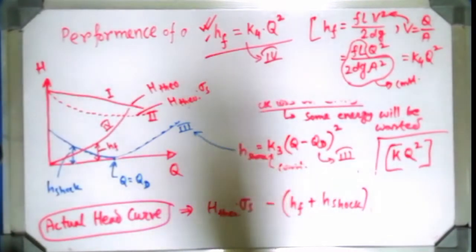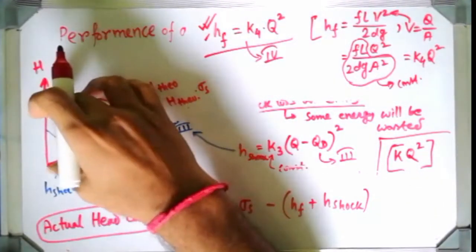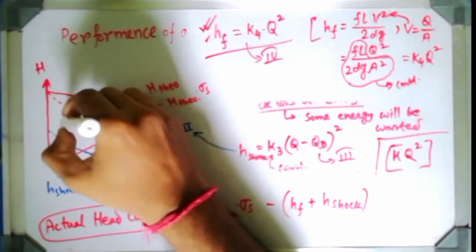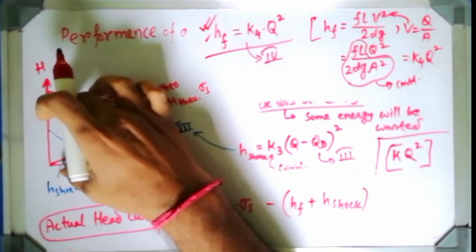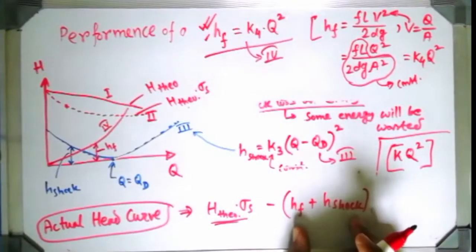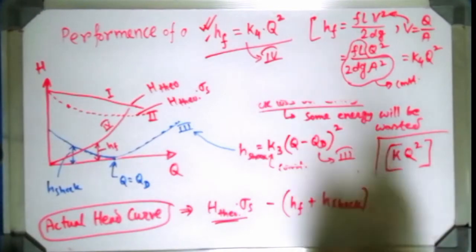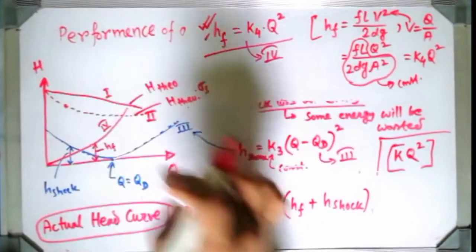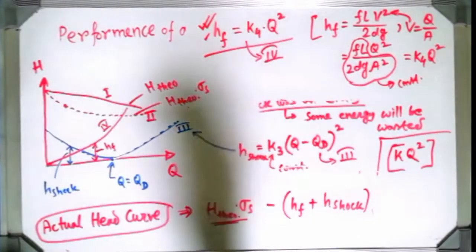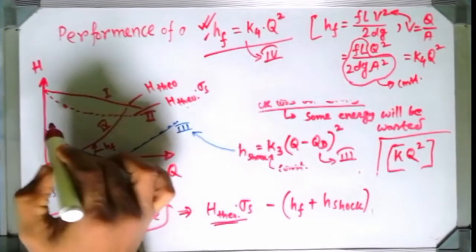From every ordinate value, suppose this point I am taking, take the ordinate value of this curve and subtract these 2 ordinate values, then obviously you will get every ordinate of this actual head curve. So if I draw that actual head curve, it will look like this.